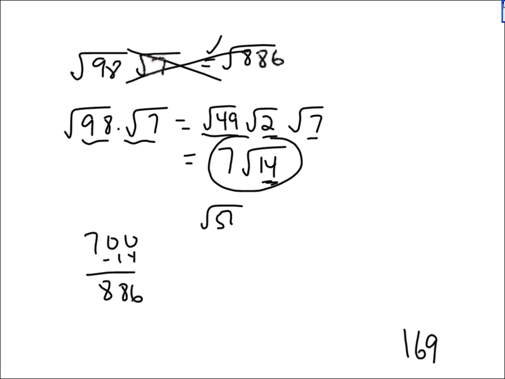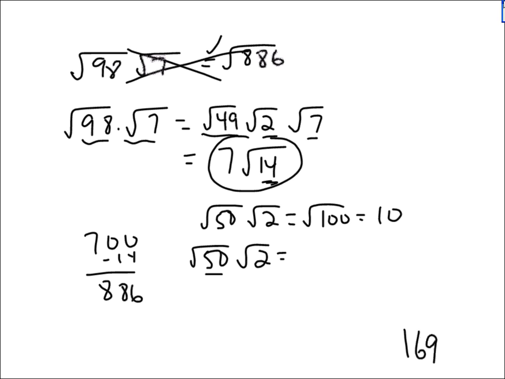Like the square root of 50 times the square root of 2. I see the 100. I know the square root of 100. If you didn't see 100, well, the largest number that goes into 50 that's on my list is 25. Goes in 2 times. There is no number on my list that goes into 2. So it just stays square root of 2.